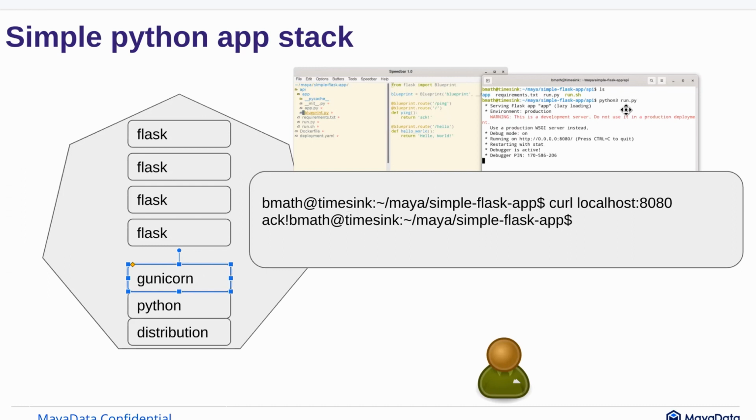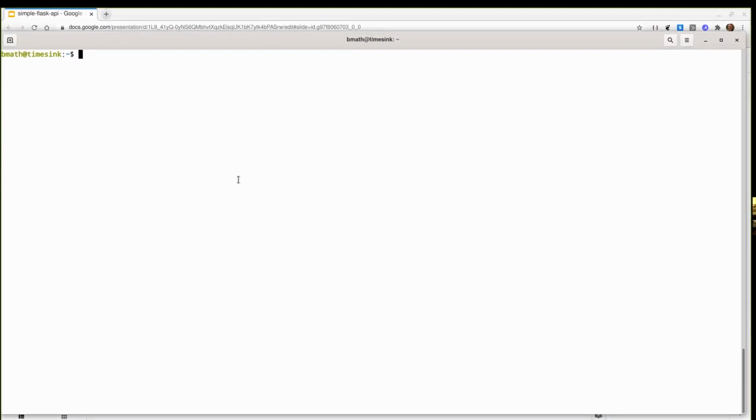You can see that I have the server running in this window here, and if I curl to localhost, since I'm running it on my local workstation, I get a message back. I get this ACK, and then I get my prompt. So let's take a look at how we got to this point. If I switch back to my terminal window here, we'll take a peek at this API and see how it's structured.